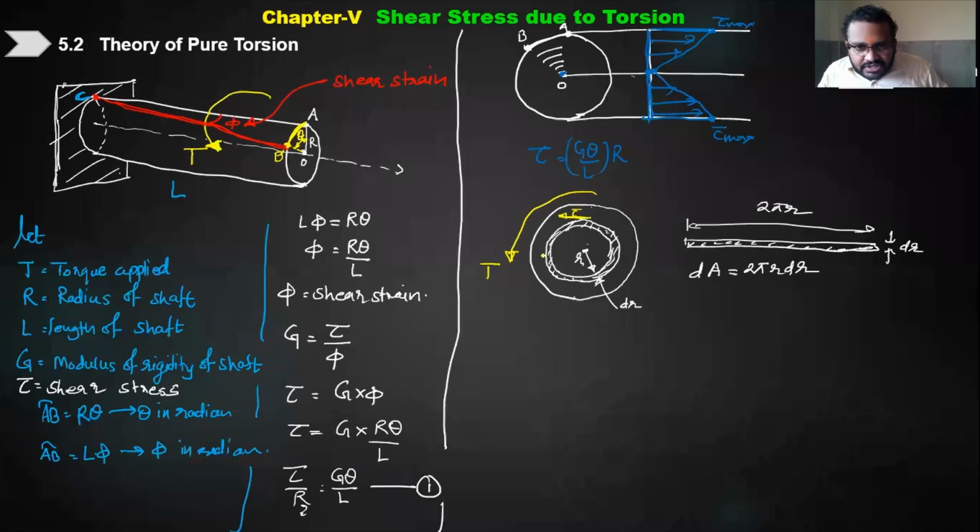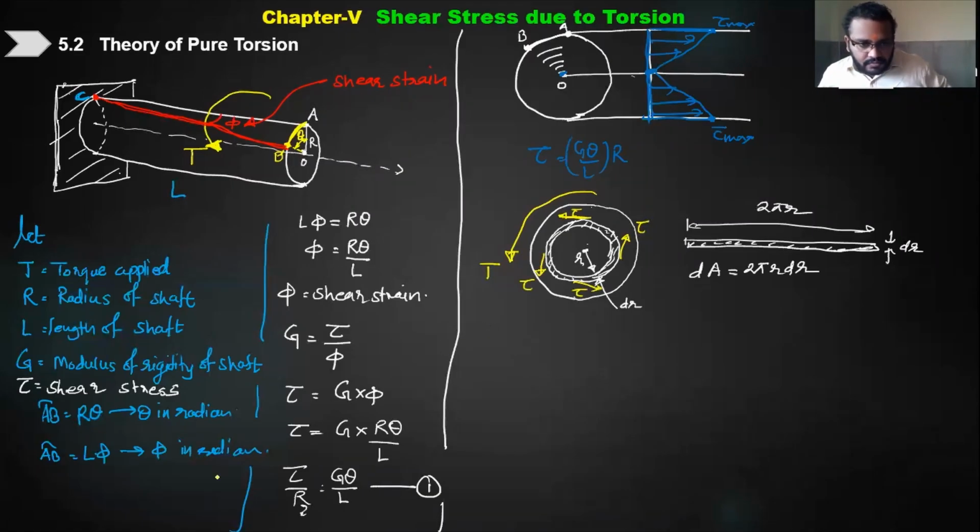Tau tangential shear stress होता है ना. Shear stress is always tangential, तो shear stress ऐसे act करेगा उस layer पे. ठीक है? तो shear stress multiply by area will give me the force, और अभी जो hatched area मैंने assume किया, वो कितना torque produce करता है और torque में कितना contribute करता है वो हमें find करना है.